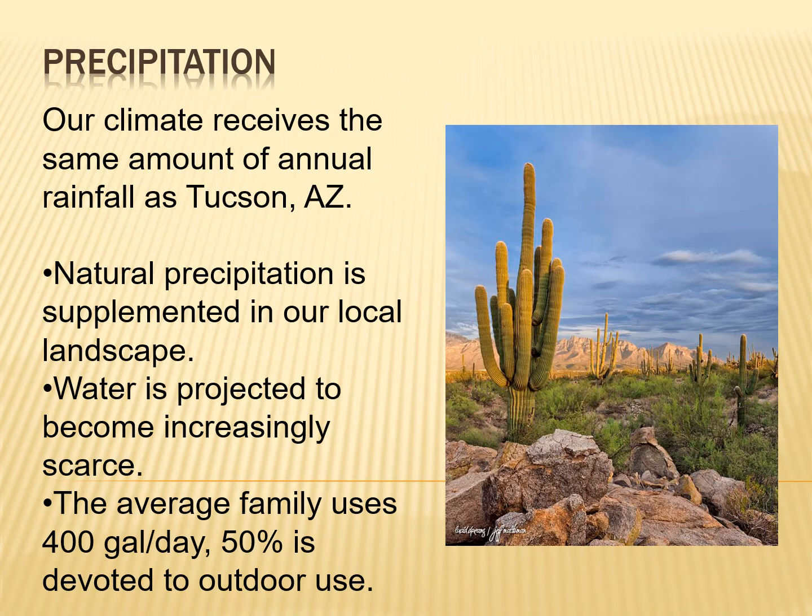In Arizona and places throughout the West, they get a significant portion of their rain in the summer, in the monsoon season. That's one of the reasons water harvesting is done a lot more frequently, because they can refill those tanks two times a year, where we really can only refill them once. Just as an interesting note, the average family uses 400 gallons a day, and 50% of that is devoted to outdoor use.